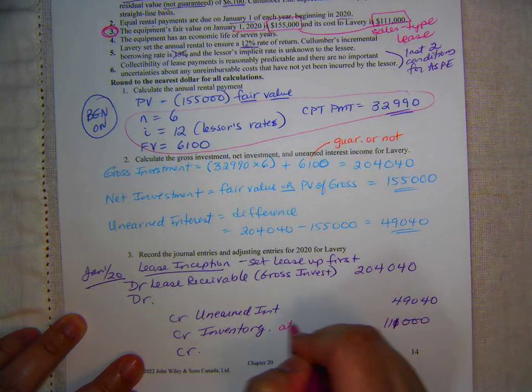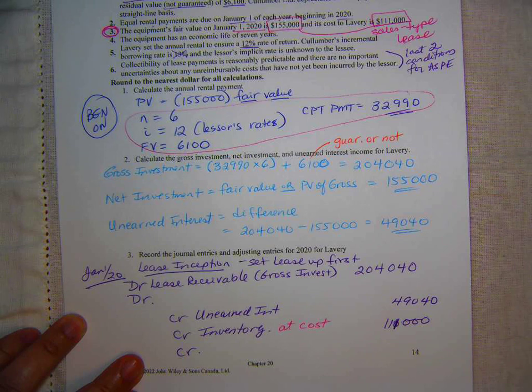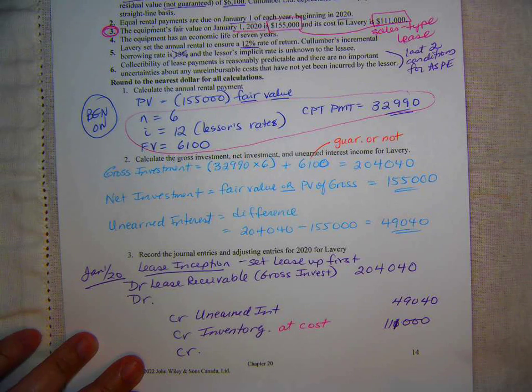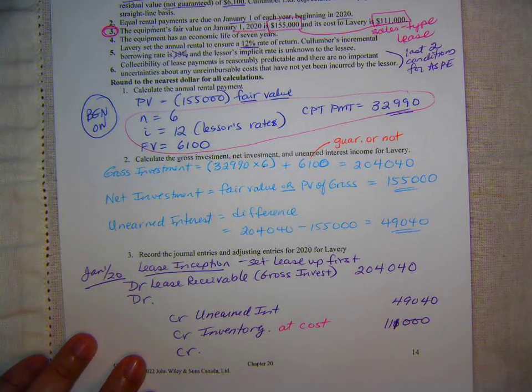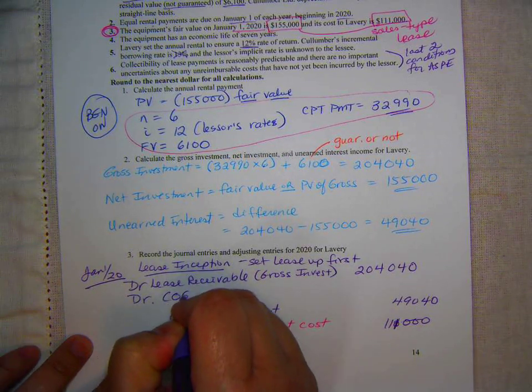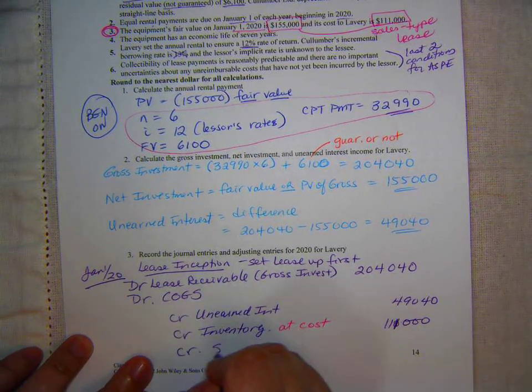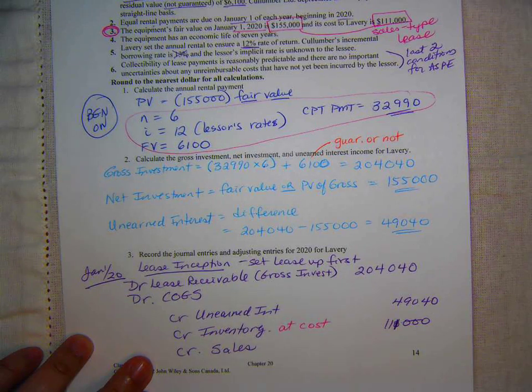And that's going to be at cost, for both cost of goods sold and sales. So we're going to have a sales, we're going to have cost of goods sold, inventory.